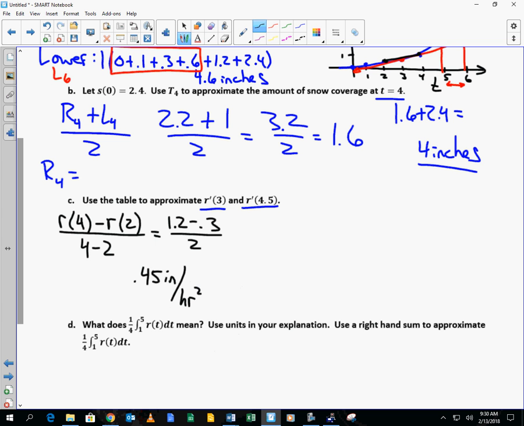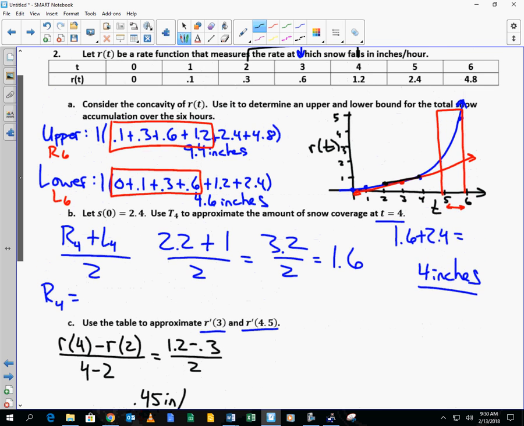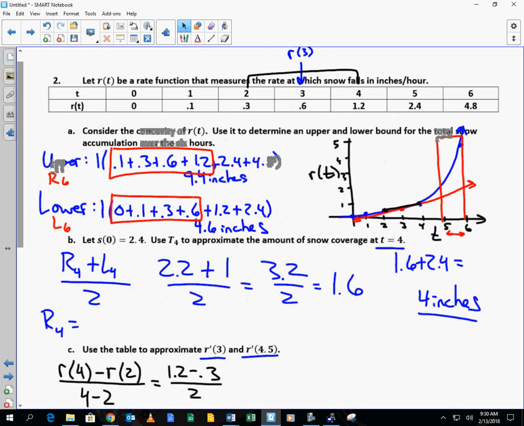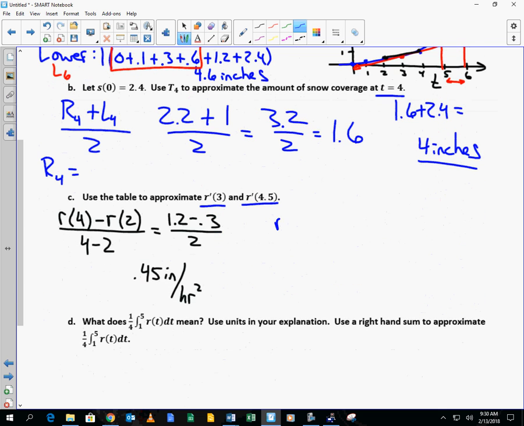Look at the next one. We want to approximate r prime of 4.5. If you want to approximate r prime of 4.5, what 2 points could you look at? What 2 r values could you look at? Yeah, you could look at from 4 to 5. So in order to approximate that, I'm going to do r of 5 minus r of 4 all over 5 minus 4.